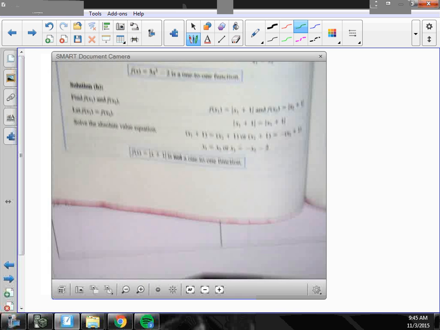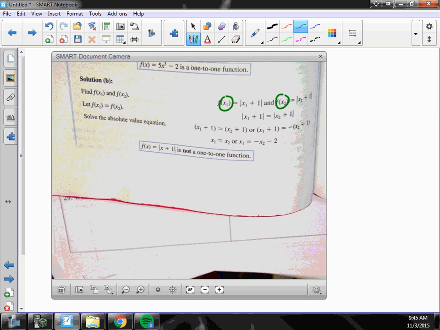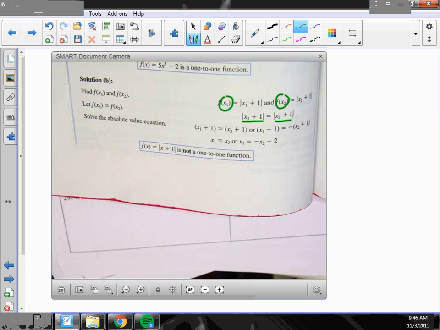So we're going to do the same thing here. Plug in x sub 1 and x sub 2, and we get this equals this. Some absolute value equals another absolute value. So whenever you have an absolute value, the stuff in the middle could be positive, or the stuff in the middle could be negative.